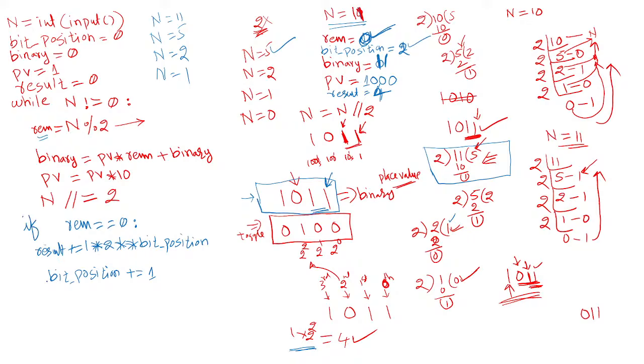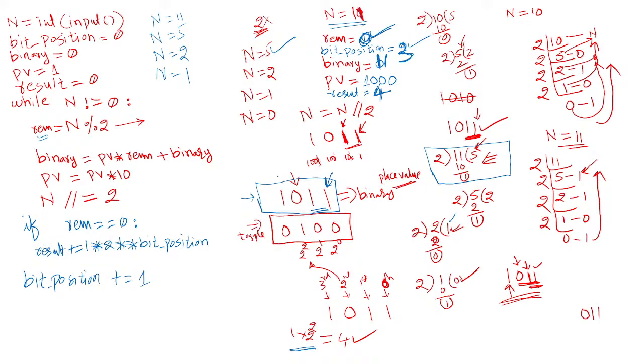After coming out from the if, this is the bit position value. So this we are writing after coming out from the if statement. Just don't get confused. Now I'm incrementing the bit position after coming out from the if statement. Bit position plus equals 1. So bit position now becomes 3 here.